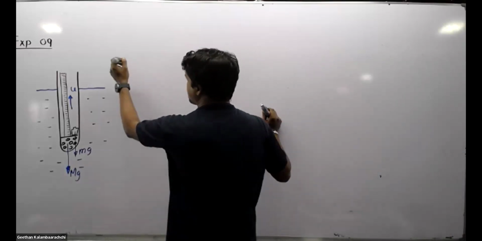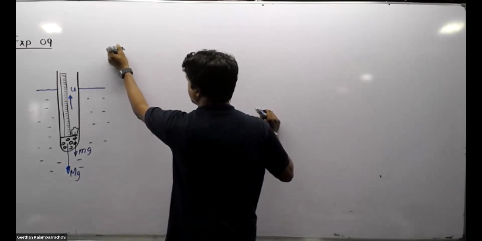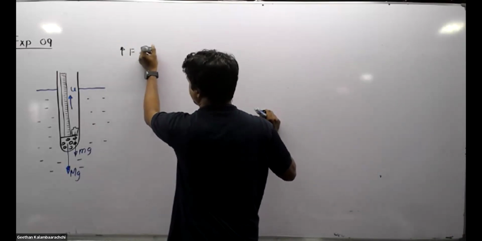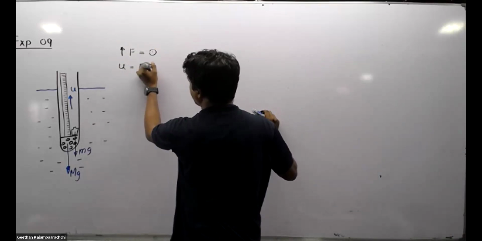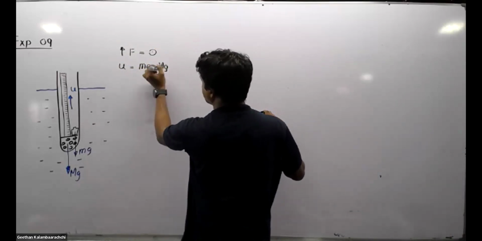So considering equilibrium of the tube, you can see U is equal to Mg plus mg.